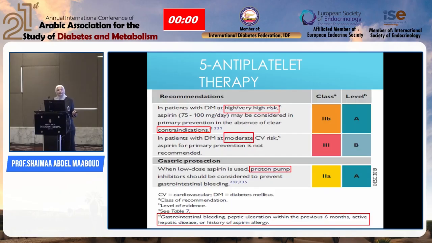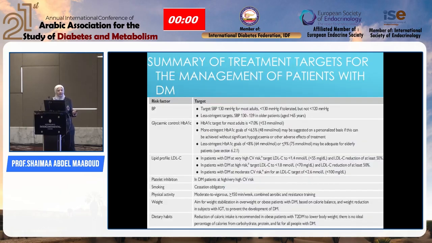The antiplatelet is class 2B, not class 1, in high and very high risk patients, and it is contraindicated in moderate risk, and we should give them a proton pump inhibitor with this medication.